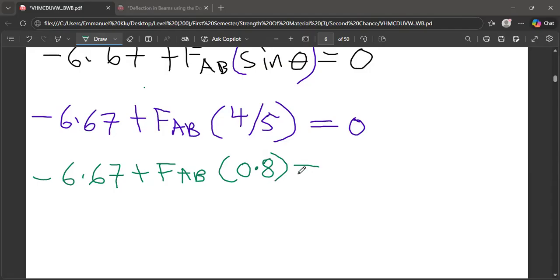Okay, I equate all of this to 0. So now I can just find my FAB by grouping like terms, you see. So let's quickly do that together.